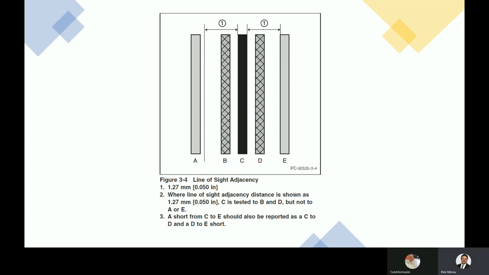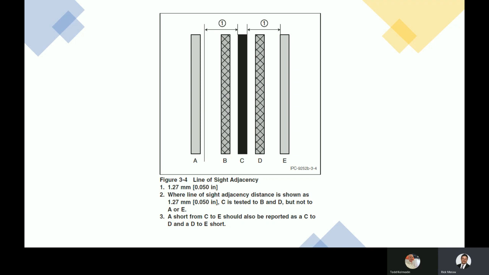We want to save a little time, but we want to capture as much as possible that's within the line of sight window. If it's outside the window, we will miss a short. It can happen, it does happen, but it's very seldom.